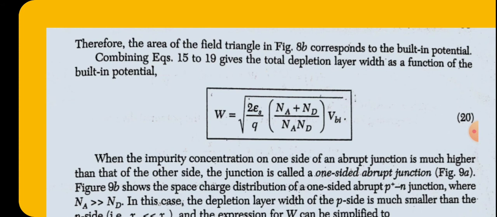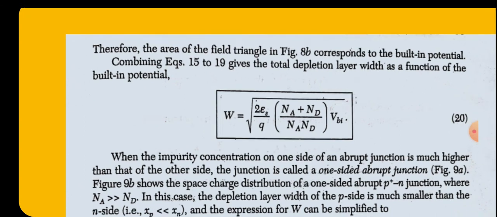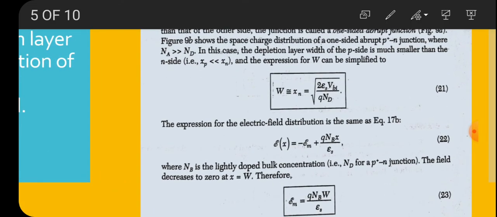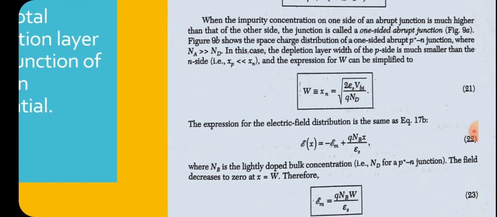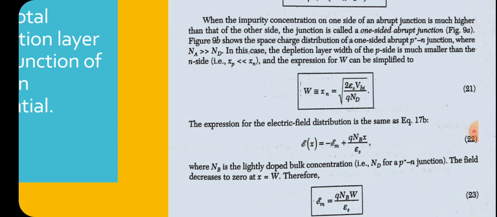Consider the space charge distribution of a one-sided abrupt PN junction, where NA is very much greater than ND. In this case, the depletion layer width on the P side is much smaller than on the N side, and the depletion layer width can be written as W equals xn, which is equal to the square root of 2 epsilon s VBI divided by q ND, as shown here. The electric field distribution can be written as E(x) equals minus Em plus q NB x divided by epsilon s.